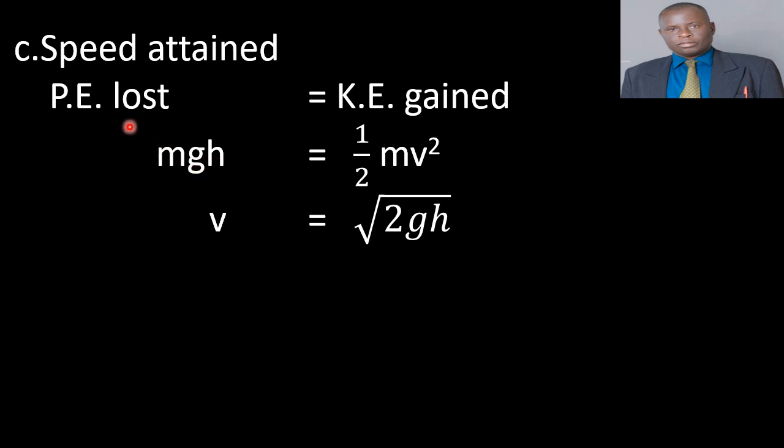So mgh changes to kinetic energy, which is given by half mass times the square of the velocity. So if you make v the subject of the formula here, you get v equals root of 2gh.